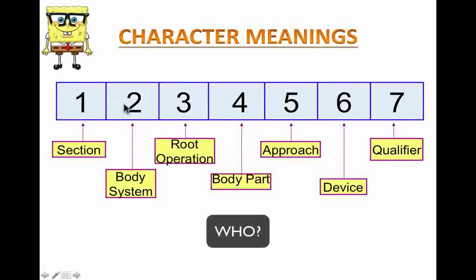Let's say you're going to see a urologist. Then it will help you identify the body system, which is the urinary system in this case. The last question you need to ask your doctor is, what procedure am I going to have today? Well, let's say the doctor tells you that you're going to have a kidney stone removal. Then the removal of the kidney stone will be the root operation.